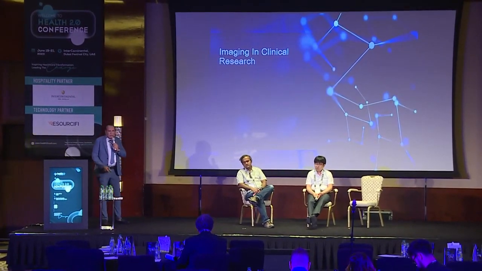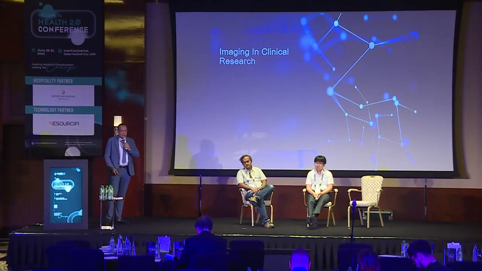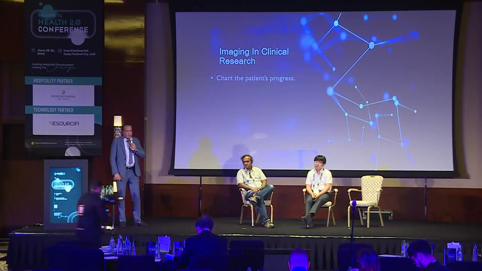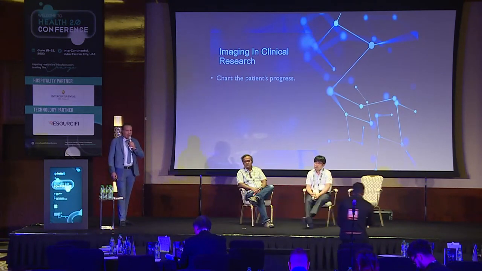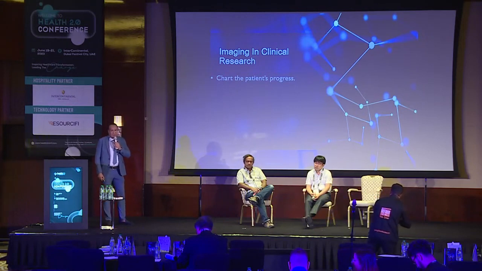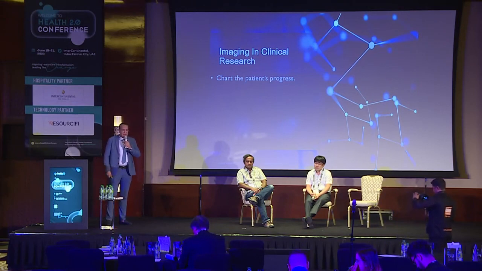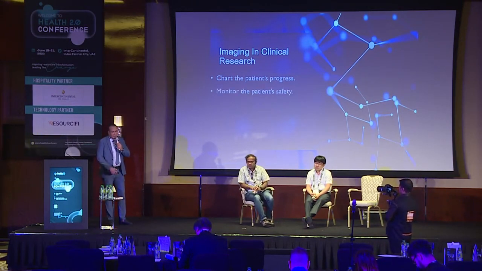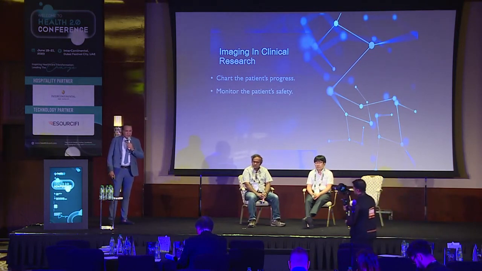To give you an overview of what imaging in clinical research can do, I think there are four main functions. Number one, you can chart the patient's progress, such as having a lung CT or X-ray to follow the disease and understand how it works. Also, it could be a way to monitor the patient's safety.